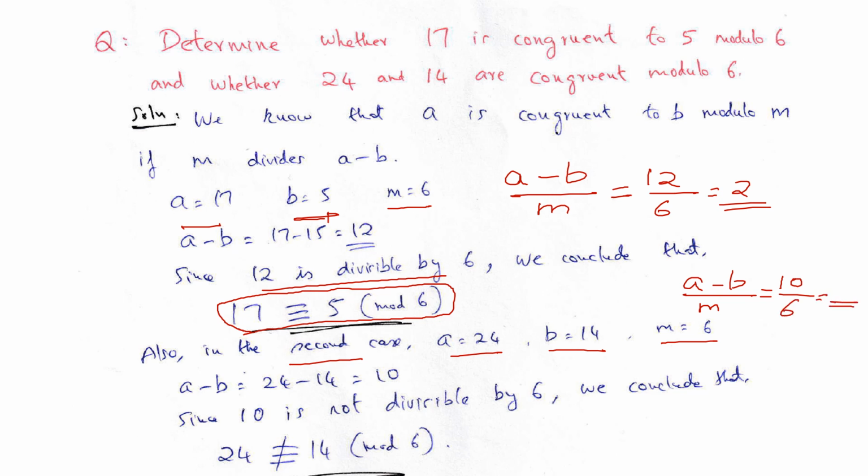You get a fraction here. So 10 is not exactly divisible by 6. So since 10 is not divisible by 6, we conclude that 24 is not congruent to 14 modulo 6. All right, is this clear?